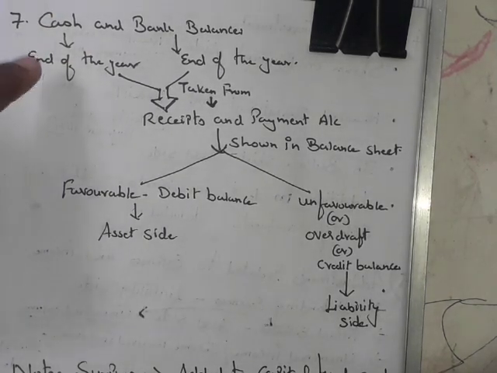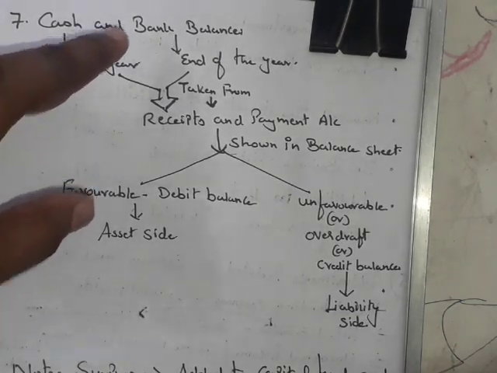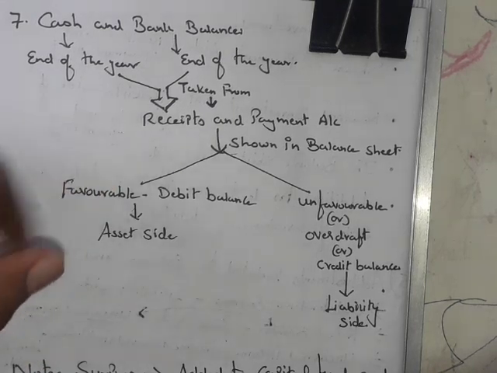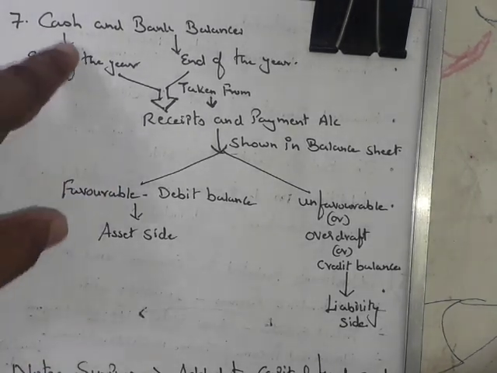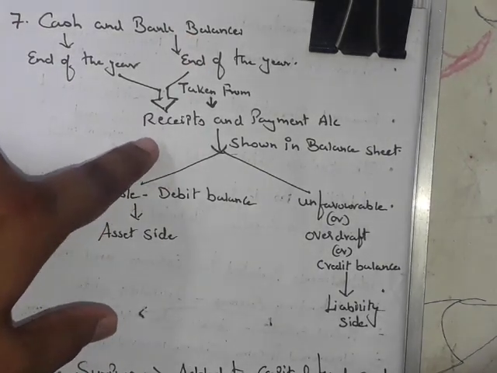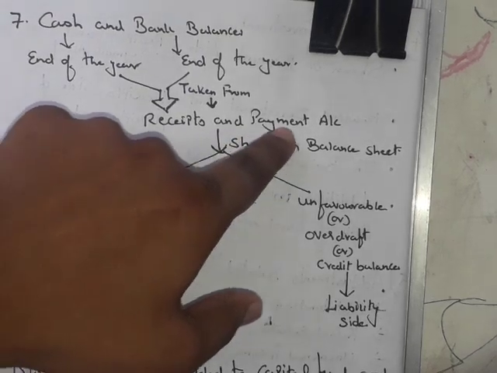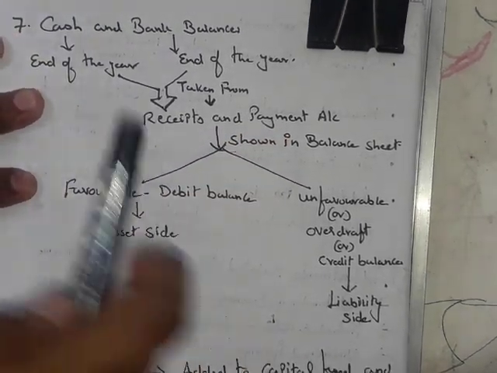Normally, the closing balance of cash and the closing balance of bank will be taken up to the balance sheet. The closing balance of cash and bank will be available in your receipts and payment account.